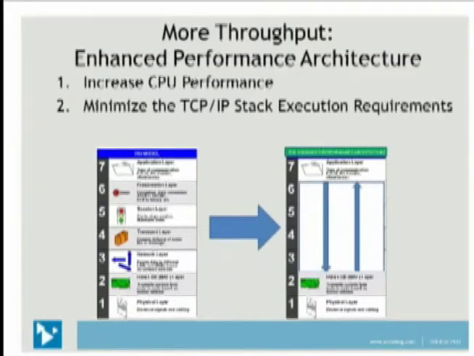Another way is to use something called the OSI Enhanced Performance Architecture. Now, if you look at that, what it did was it streamlined layers 3 through 6 and basically collapsed those and made a direct connection between the application layer and the data MAC layer, the data link layer.